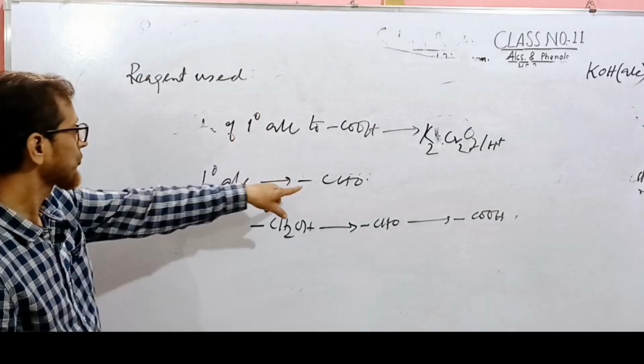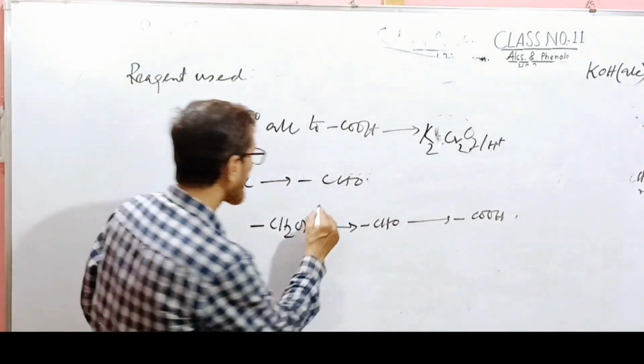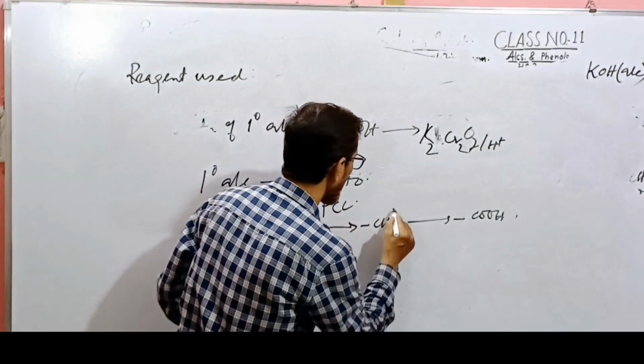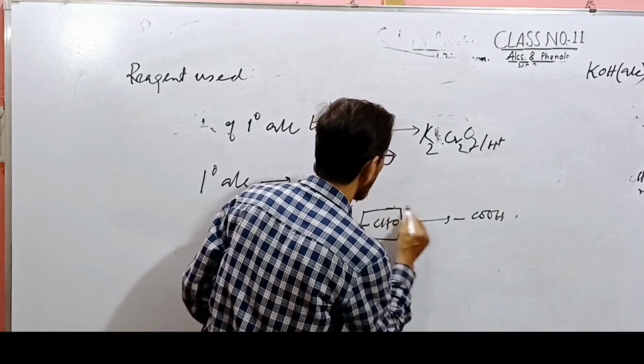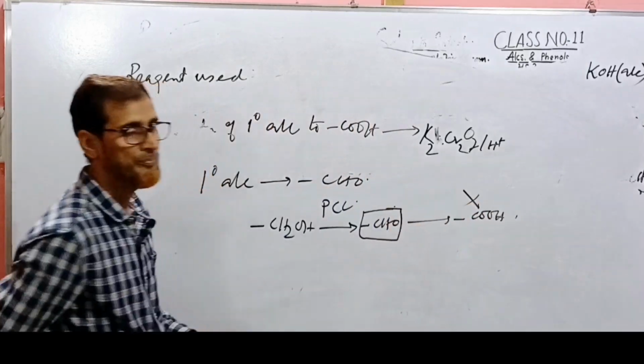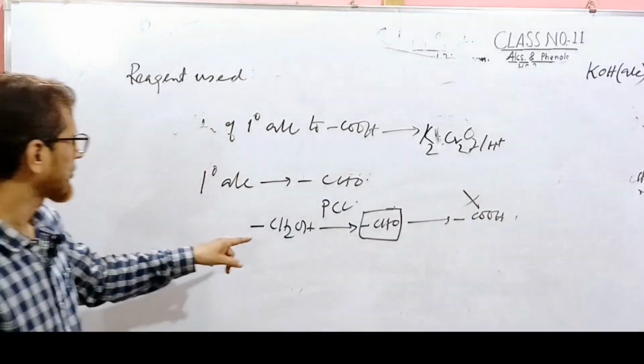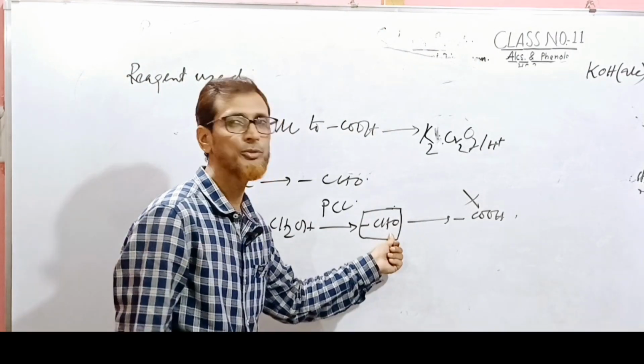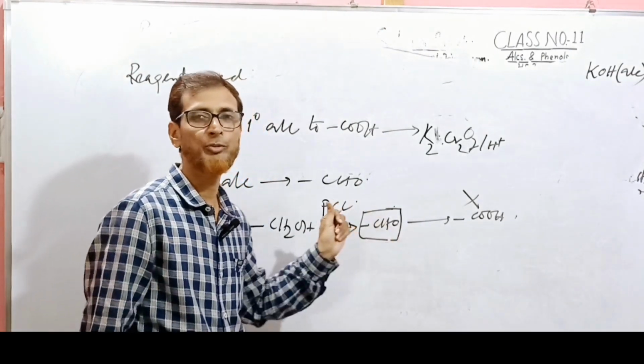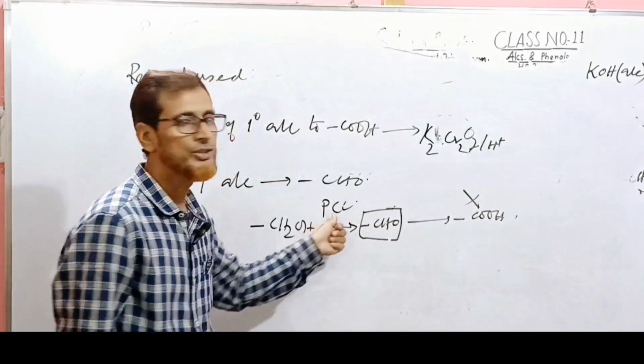But since it is weak, we will here use PCC, and the reaction will stop here, it will not go further. So here it is asked 1 degree alcohol is to be converted into CHO, what reagent is to be used? Answer is PCC.